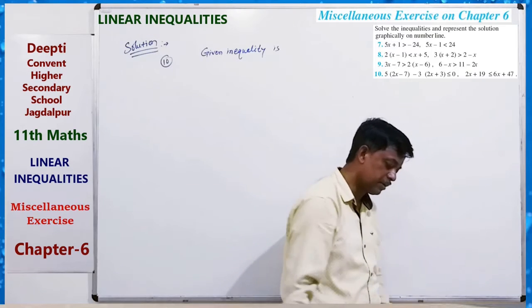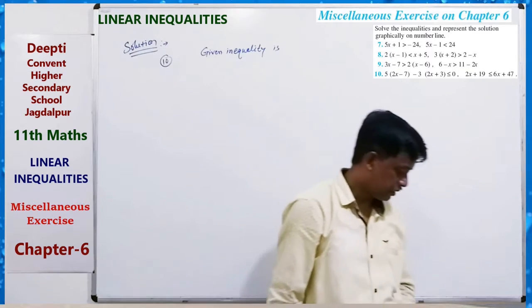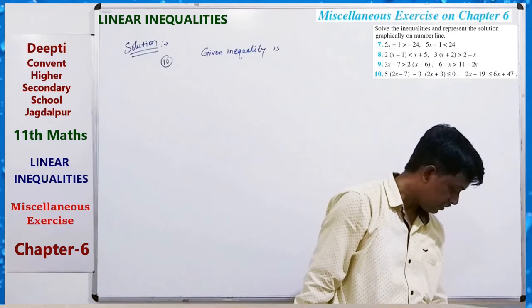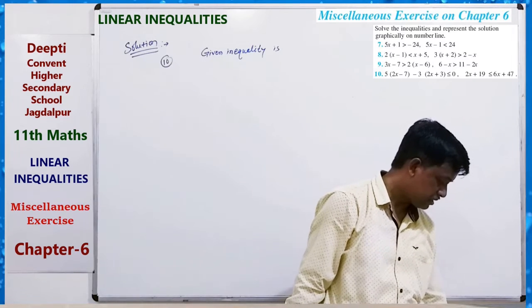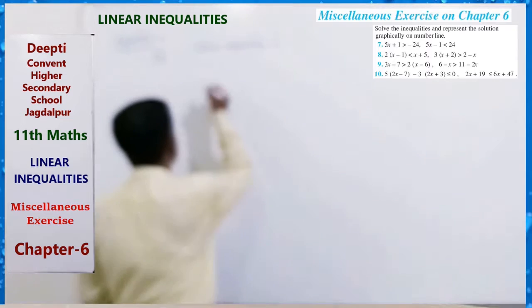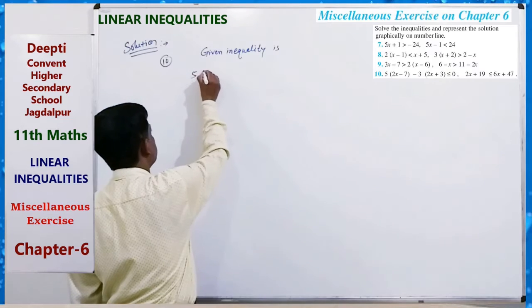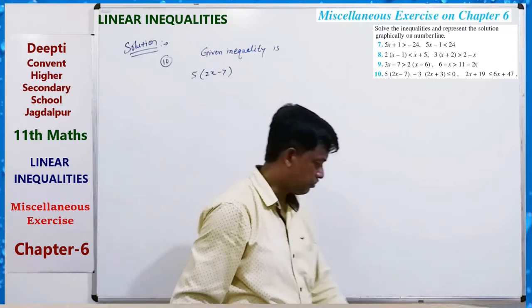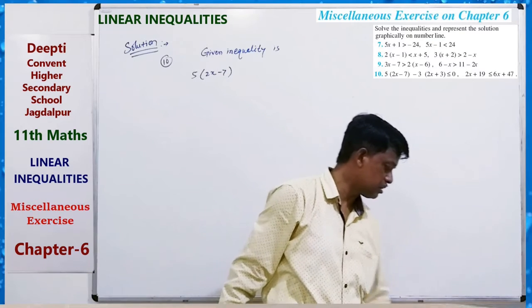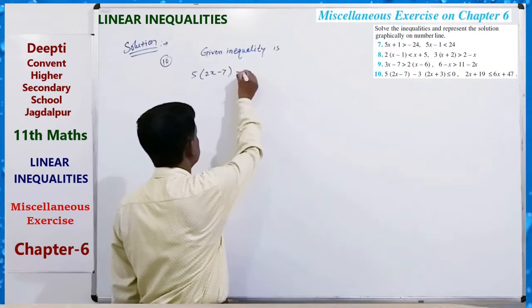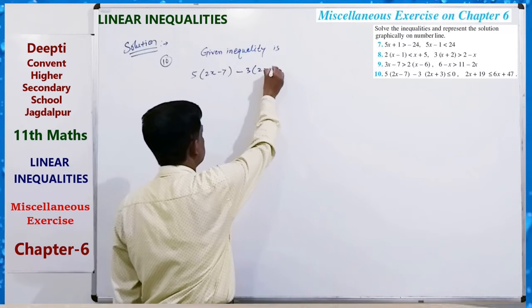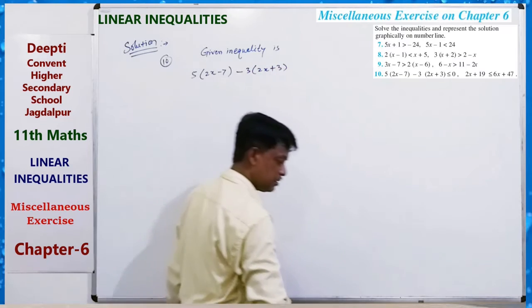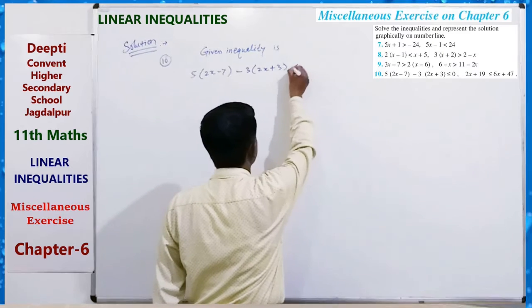Very simple graphical solution is there. So 5(2x minus 7) minus 3(2x plus 3) is less than or equal to 0.